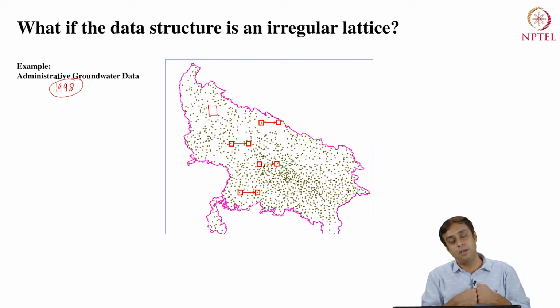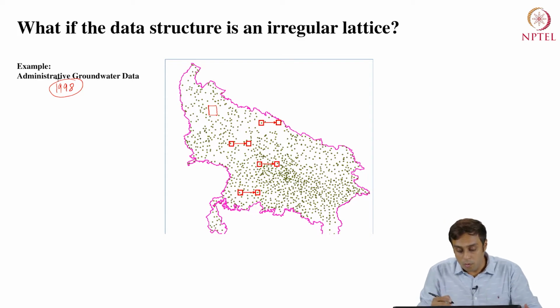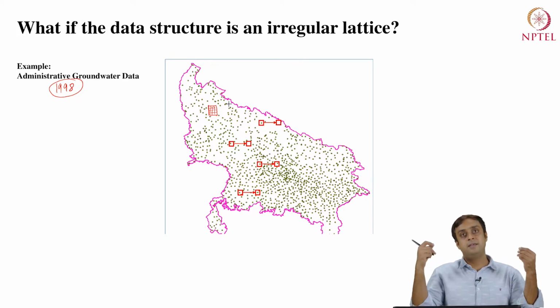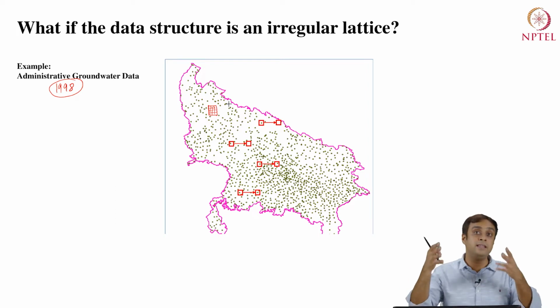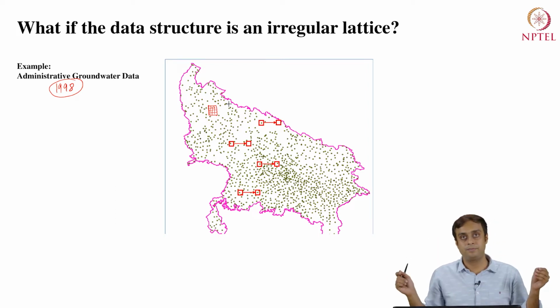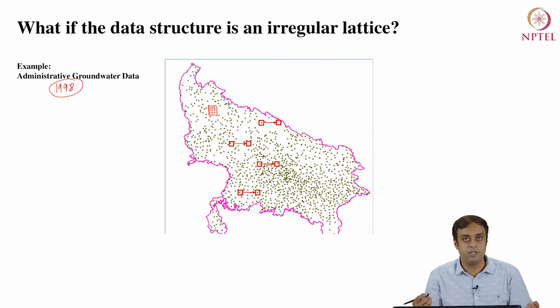Now, if you have a row-column representation, that is, data contained in cells in the entire region, in this cross section that we are looking at, there will be no data. And what is the consequence of that?